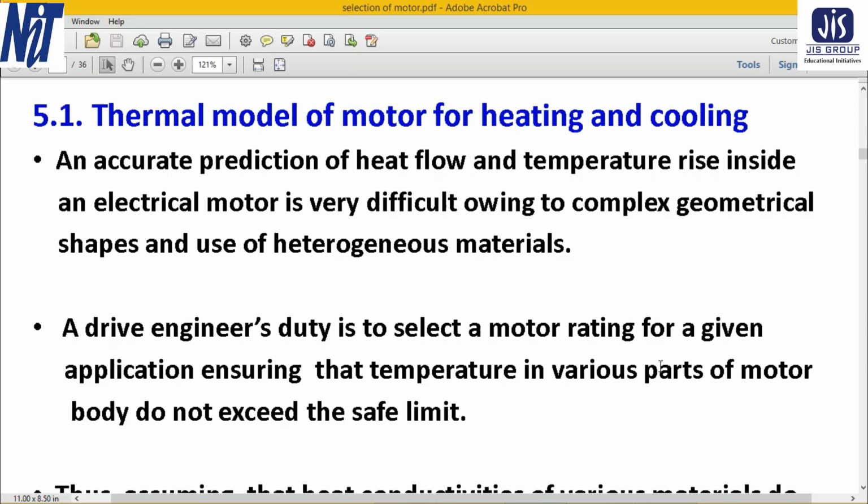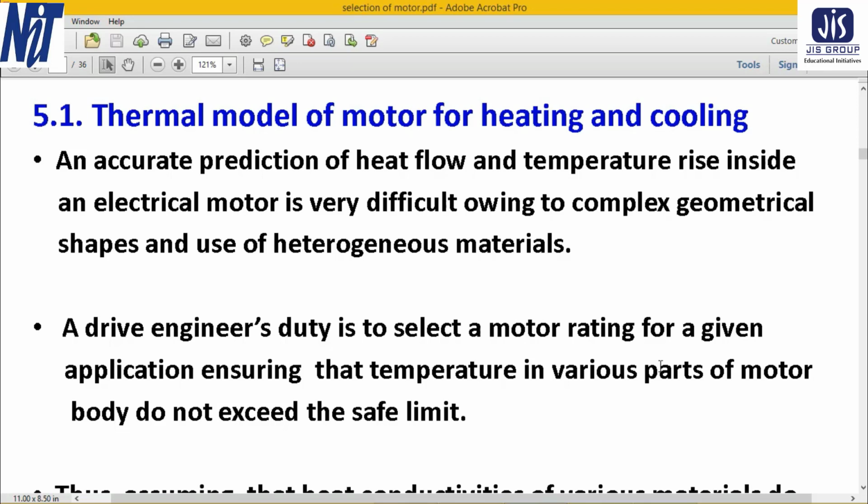So one thing is to select a motor rating for a given application, ensuring that whatever motor I am selecting for that application should not exceed the particular temperature limit, because then a thermal breakdown occurs.